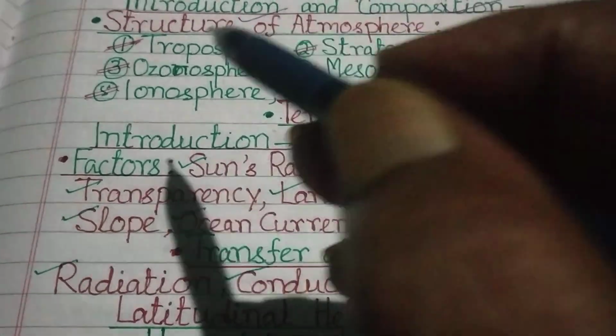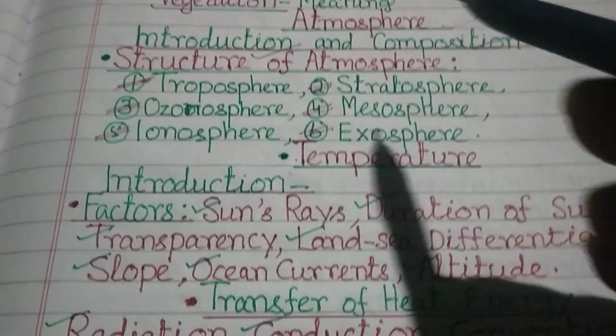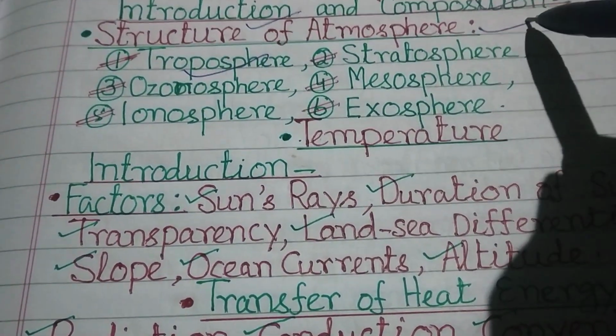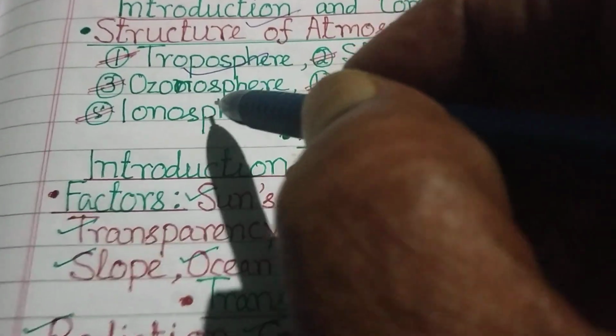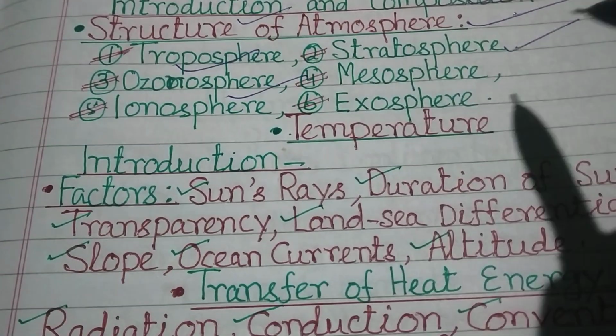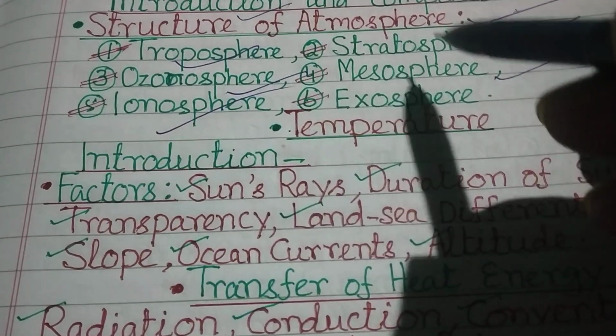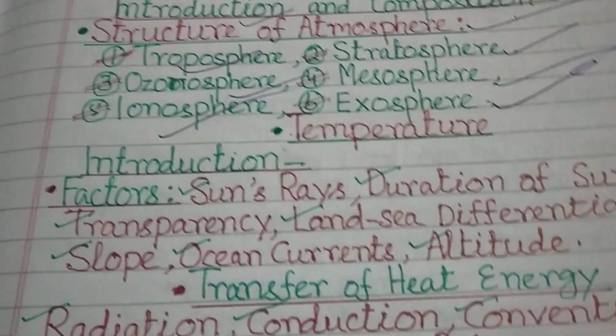So now we will discuss the structure of the atmosphere, such as the troposphere, stratosphere, ozonosphere, mesosphere, ionosphere, and exosphere.